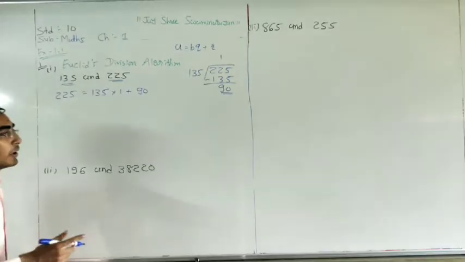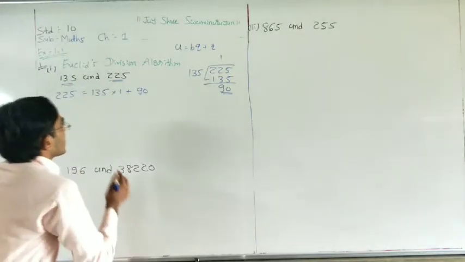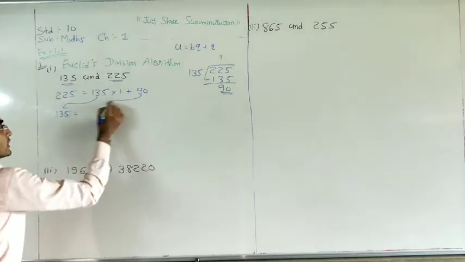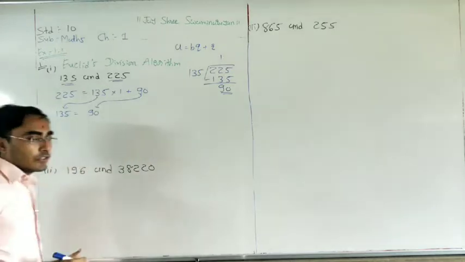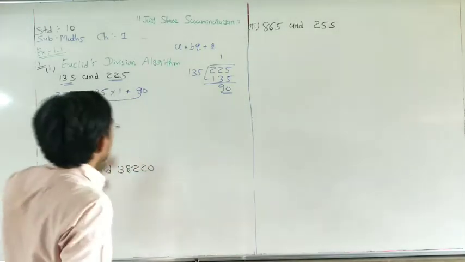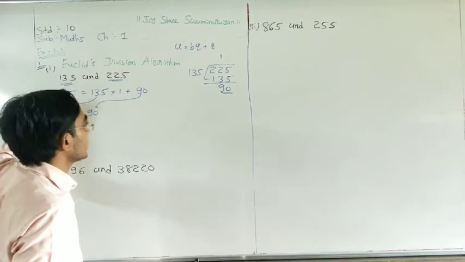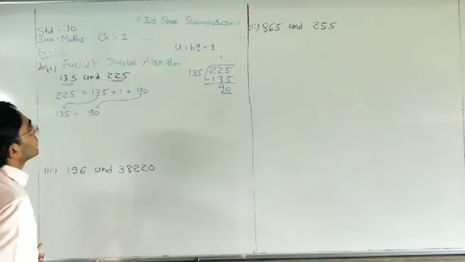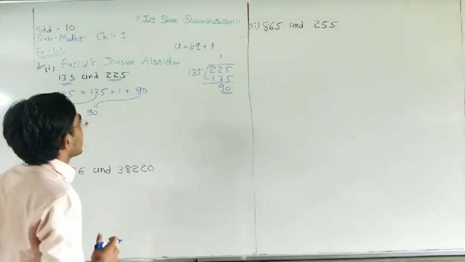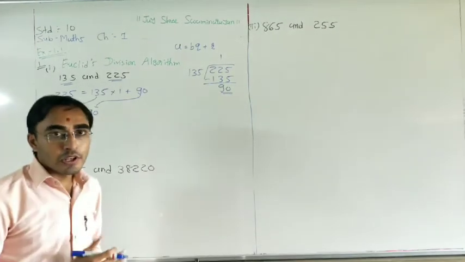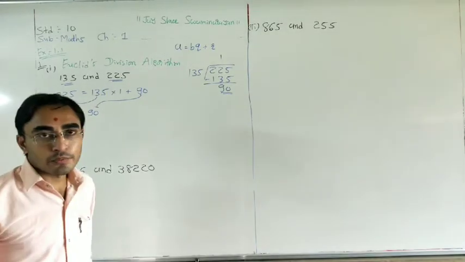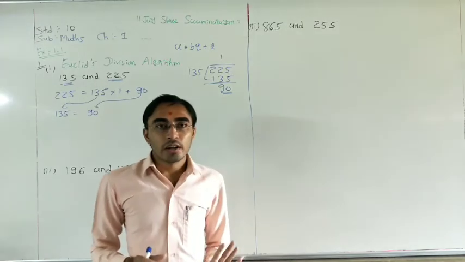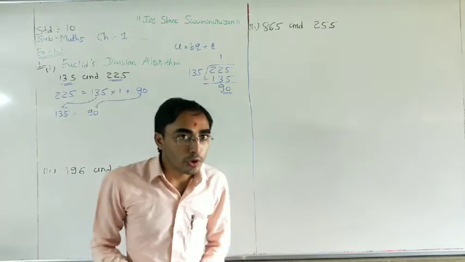Now just transfer this 135 here and 90 here. These are the fixed steps. Again you need to use the division process. We want the remainder r as 0. Whenever we get the remainder r as 0, our question is solved.